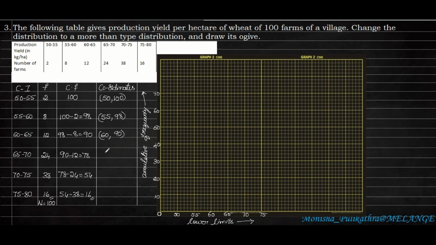So for 65 we have to take 78. Next, for 70 we have to take 54, and for 75 we have to take 16. Okay, the coordinates are 50, 100; 55, 98; 60, 90; 65, 78; 70, 54; and 75, 16.